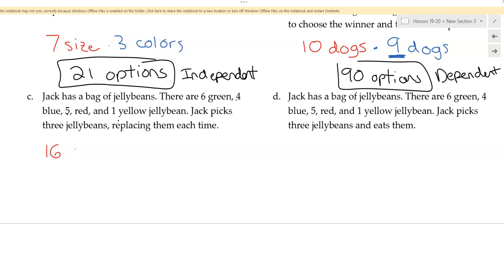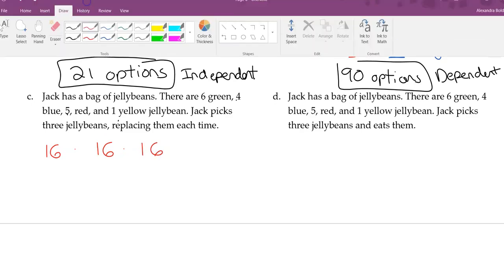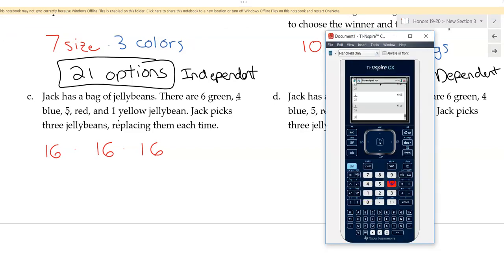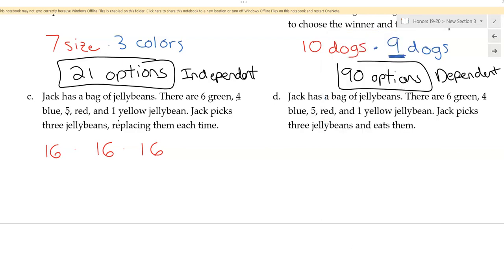He puts it back and goes to choose another. That's another 16. He puts it back. There's still 16 jelly beans in my bag. So 16 times 16 times 16 equals 4,096. All my numbers stay the same. It never changed, so this is independent.